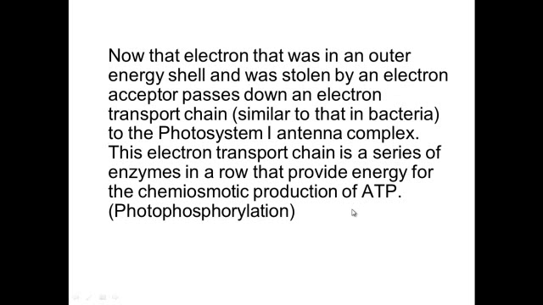It's going to go through a process of chemiosmosis in the production of ATP, which is called photophosphorylation. Photo means light. Phosphorylation means to attach a phosphate group. So in the process of using light, we're going to create ATP by attaching a phosphate group to ADP, adenosine diphosphate.